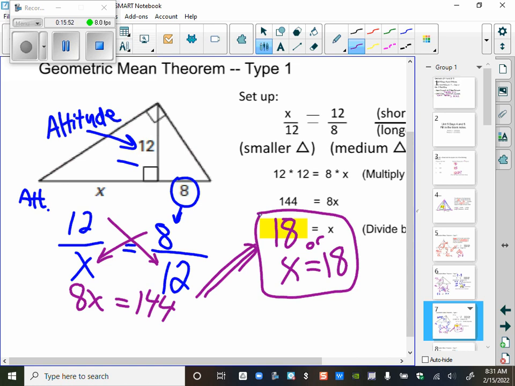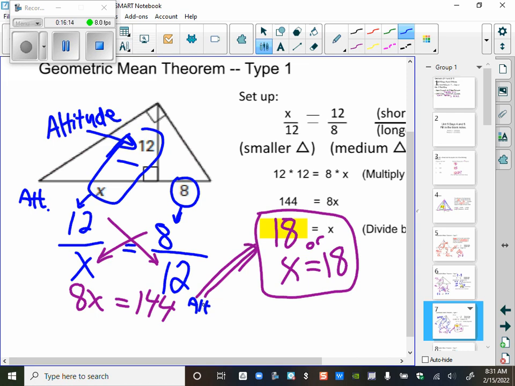Anybody have any questions? Again. Here's your first ratio. Boom. Write it down. Take your altitude. Boom. Copy it down. Again.